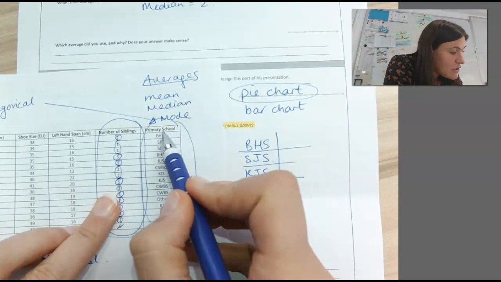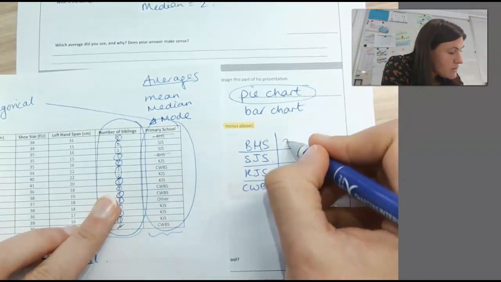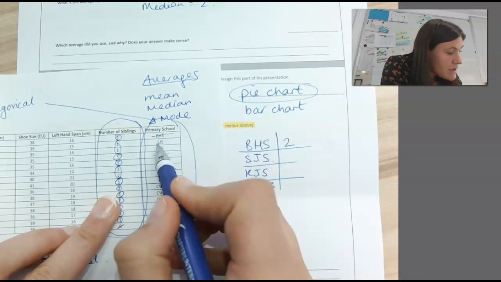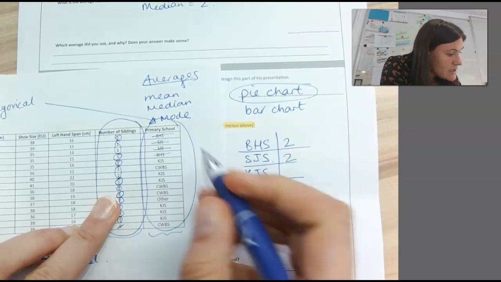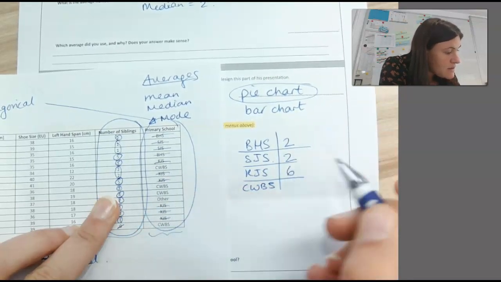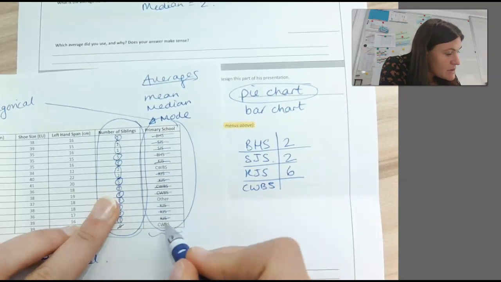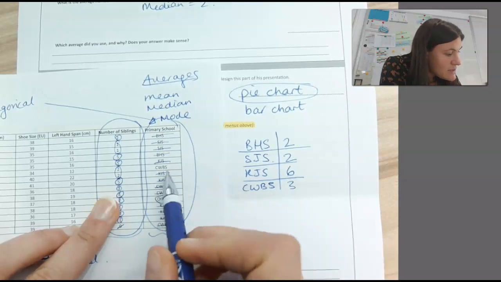So Beacon Hill, I've got 1, 2, just 2. SJS, 1, 2, 2 again. KJS, 1, 2, 3, 4, 5, 6. Clearwater Bay, 1, 2, 3. And there's still, oh, and I missed one here.